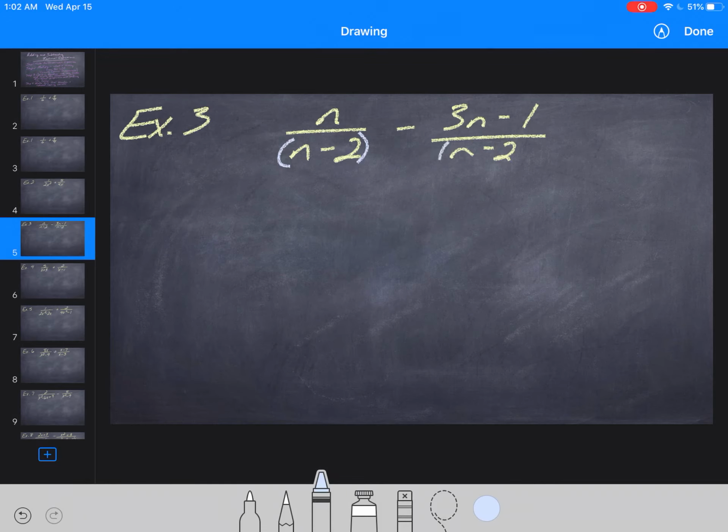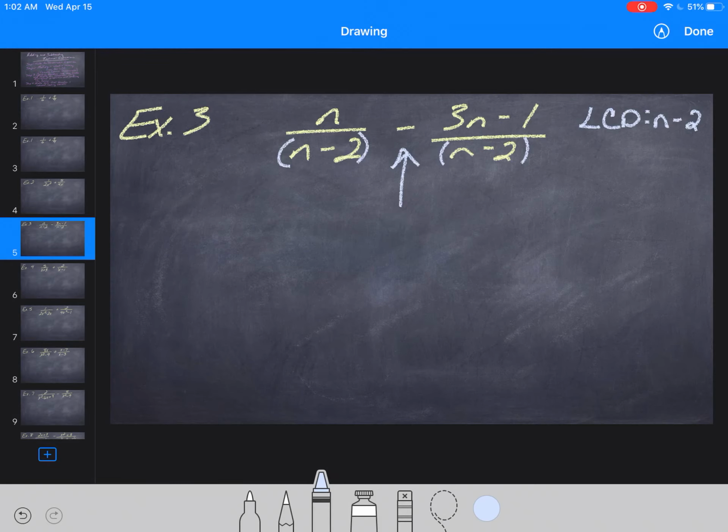Then I look at my second fraction, and I'm also going to leave that one alone because n minus 2 is already prime. So whenever I look at this, I'm going to say, okay, my least common denominator is n minus 2. Well, I already have a common denominator, so I don't have to multiply anything in, and I can go ahead and combine my fractions as one. Now, you have to be careful whenever there is a subtraction sign.